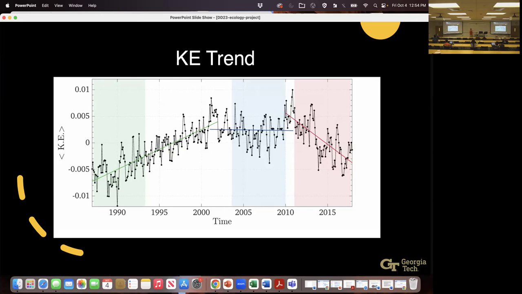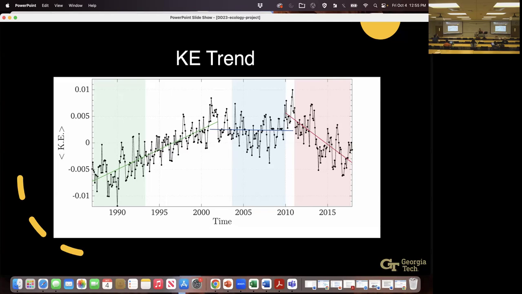So you have periods where the kinetic energy is very high and periods where the kinetic energy just goes down or up. Those are pretty significant differences in kinetic energy. And so when we had to do all this analysis, we picked 3 periods: one where the kinetic energy is growing, one where the kinetic energy is more or less flat, it varies around, and one where the kinetic energy is coming down.